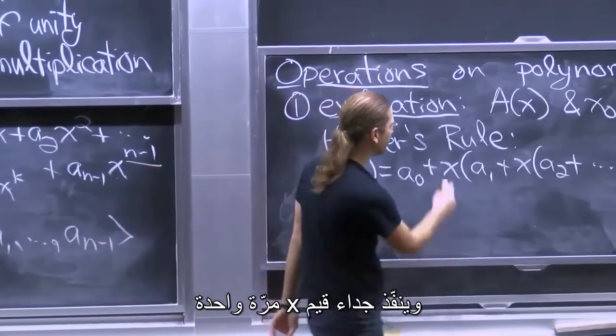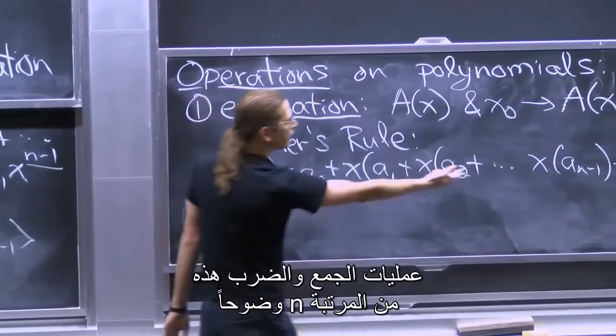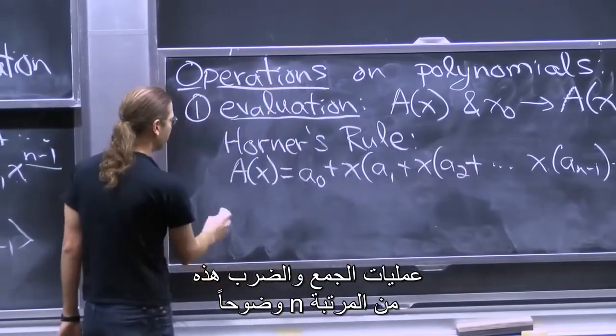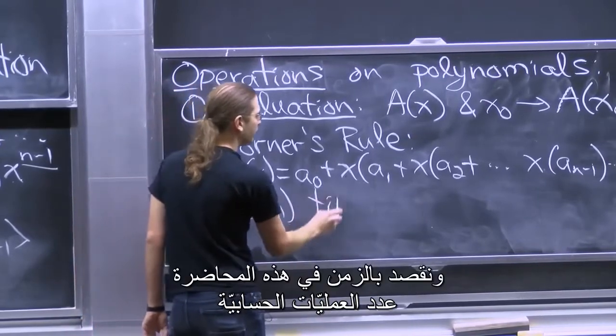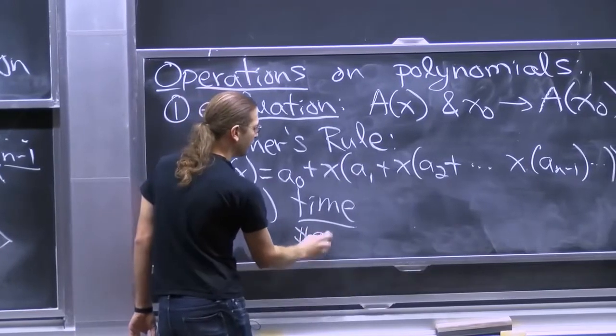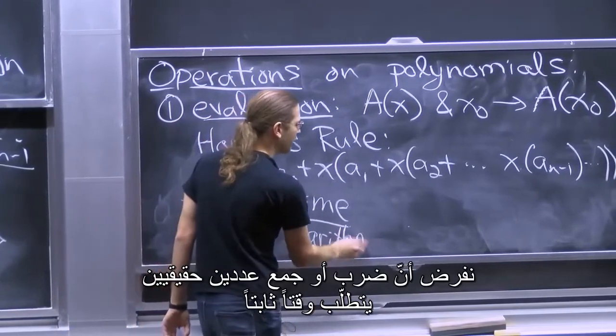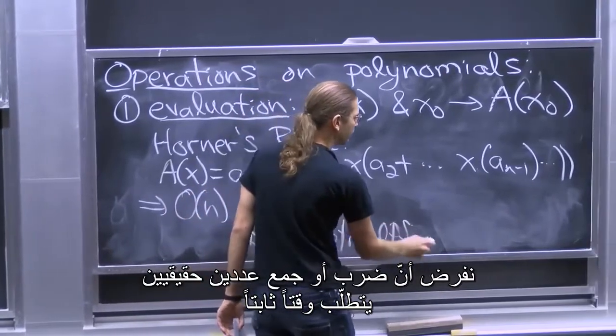And this is essentially doing the x products one at a time. So this is clearly order n additions and multiplications. So we get order n time. In this lecture, time is the number of arithmetic operations. That's our model. Assume it takes constant time to multiply or add two real numbers.